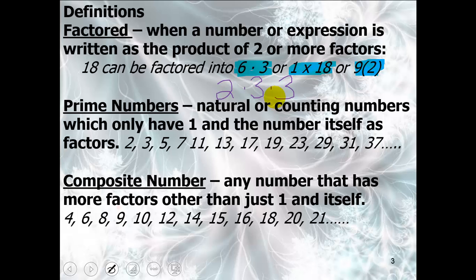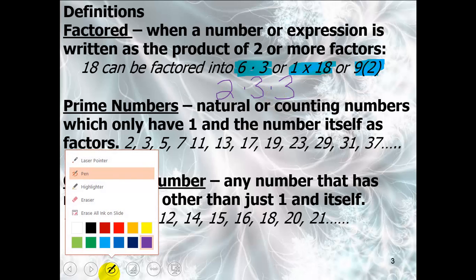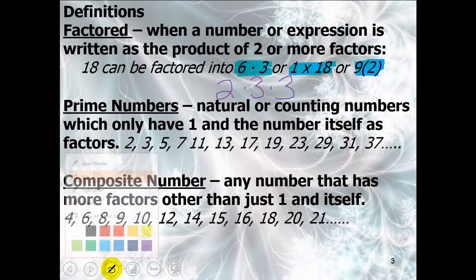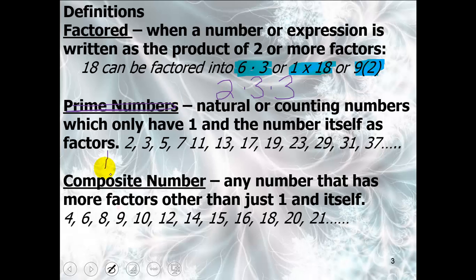When you have a prime number, there are only 2 factors for a prime number. They are 1 and that number itself.